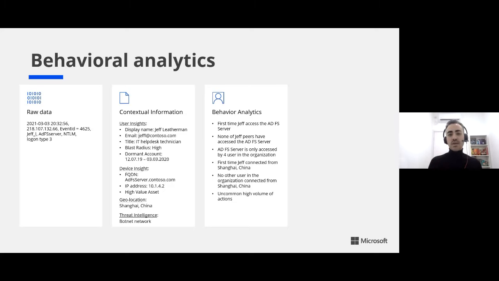So each user will have a threshold of its own for what uncommon high volume is for this user. Not only that, but this threshold is being updated all the time, because as human beings, our activities might change, the pattern of behaviors might change, and if we see over time any significant change in the behavior, we'll update this threshold accordingly.